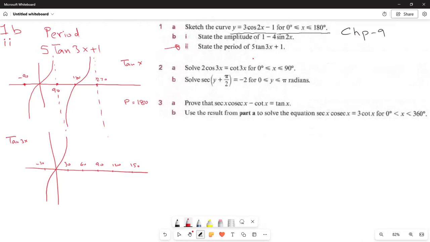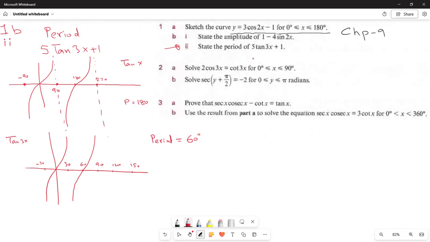In the same way, next time it will go from here to here. So you can see that this time the period of this one is 3 times less. So it is 60 degrees.